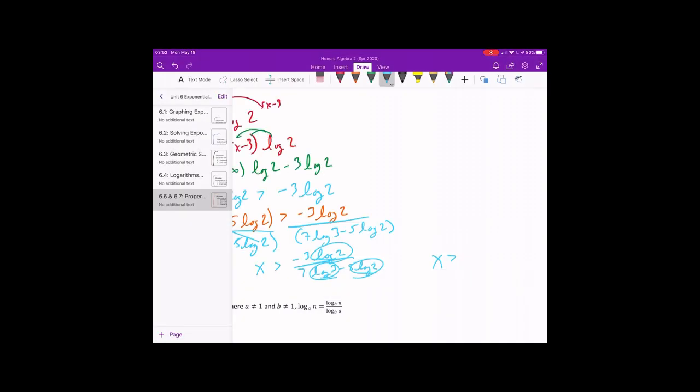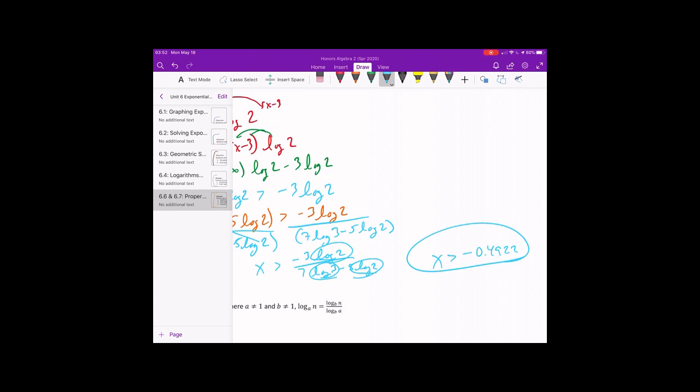I close all those parentheses, and we see that our answer here is negative 0.4922. So x is greater than negative 0.4922. Again, it's not the prettiest thing in the world, but it's how we get there.